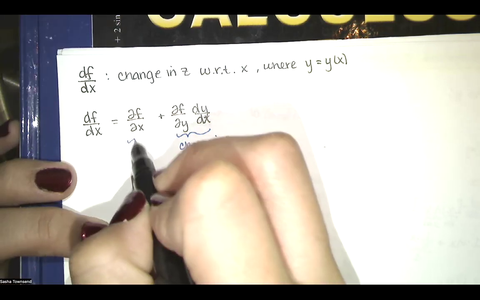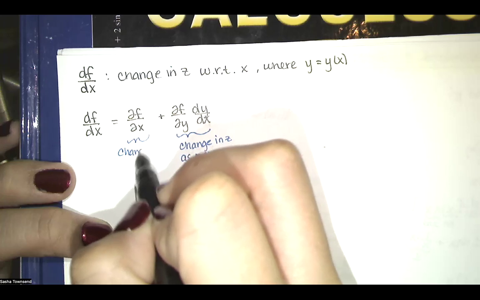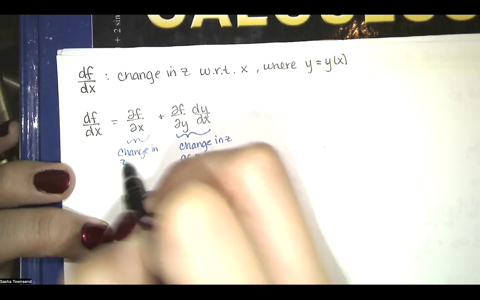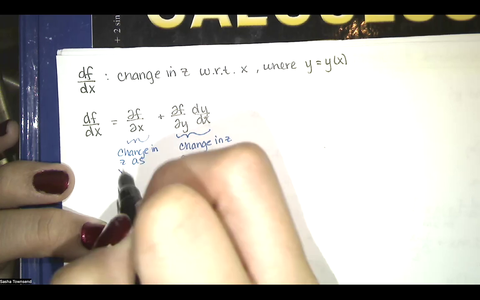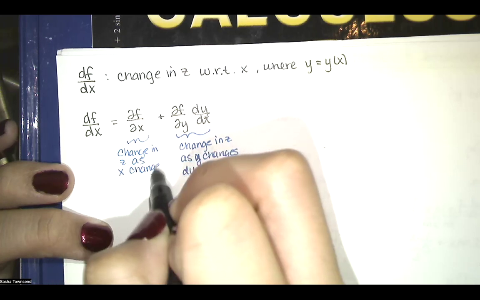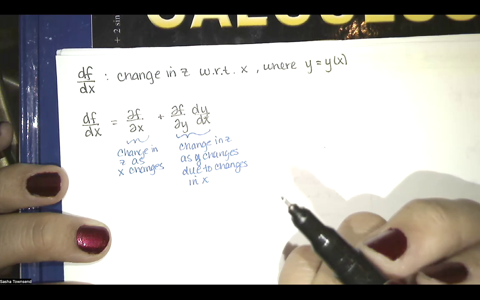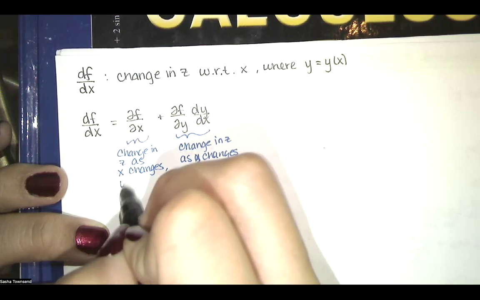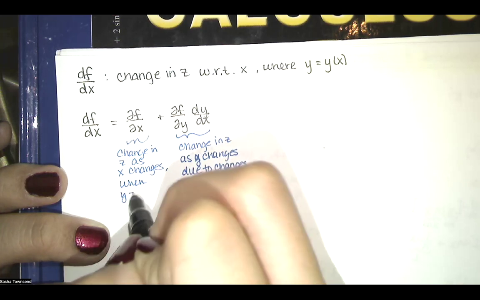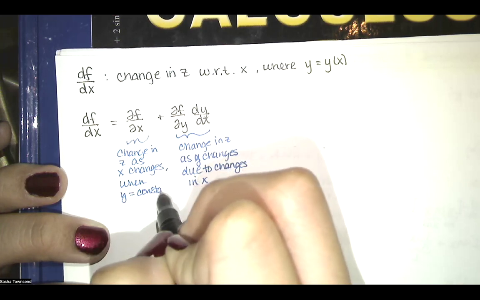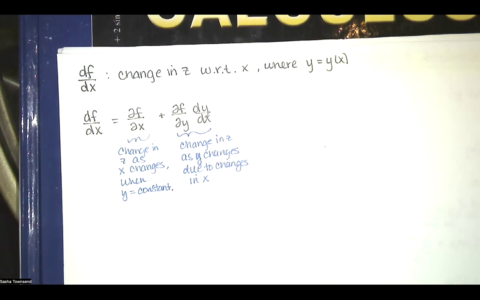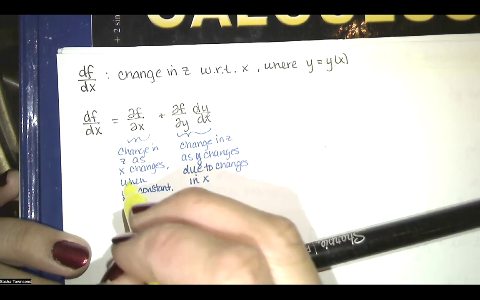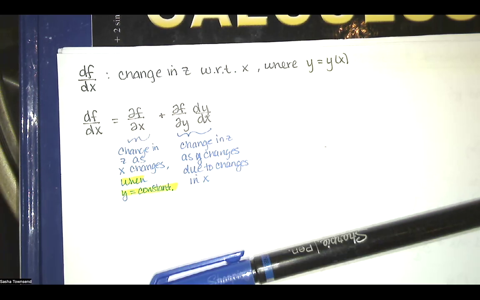But this is a change in z as x changes. Let's say when y is constant, I think. So if y happens to be held constant, that's what we would get. Not sure about that piece. Definitely something to think about.